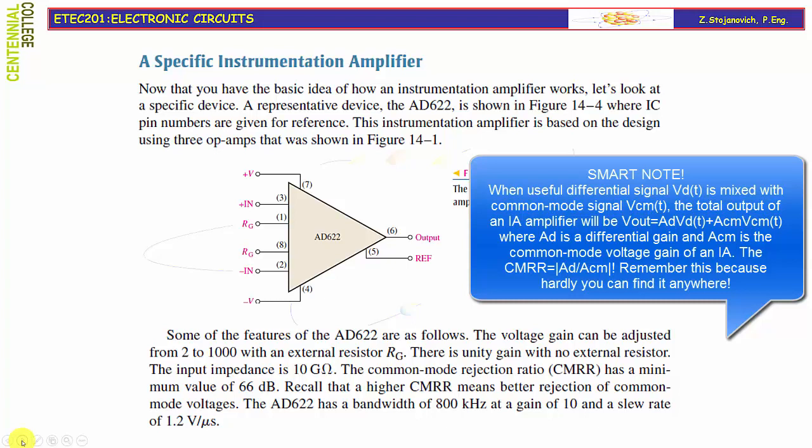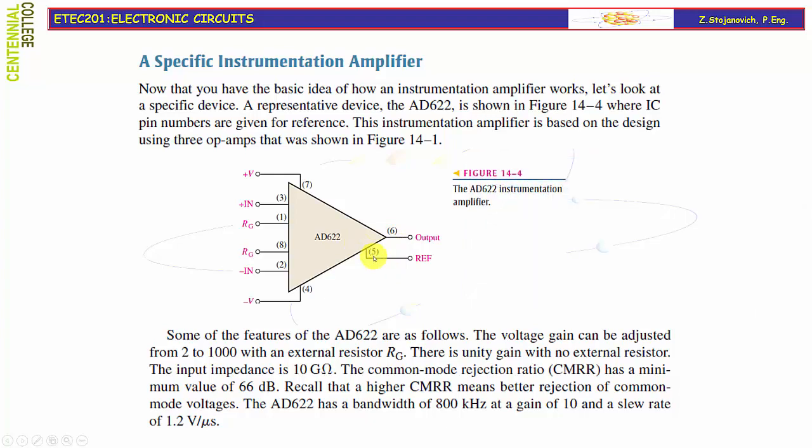If you look at the symbol of the AD622, you will recognize the power supply connections, plus and minus. You will recognize the output. Pin 5 will be the reference point, common, not necessarily connected to ground. Pins 3 and 2 will designate input points for the differential signal, and you will have pins 1 and 8 where the external Rg resistor for setting up the gain could be connected.